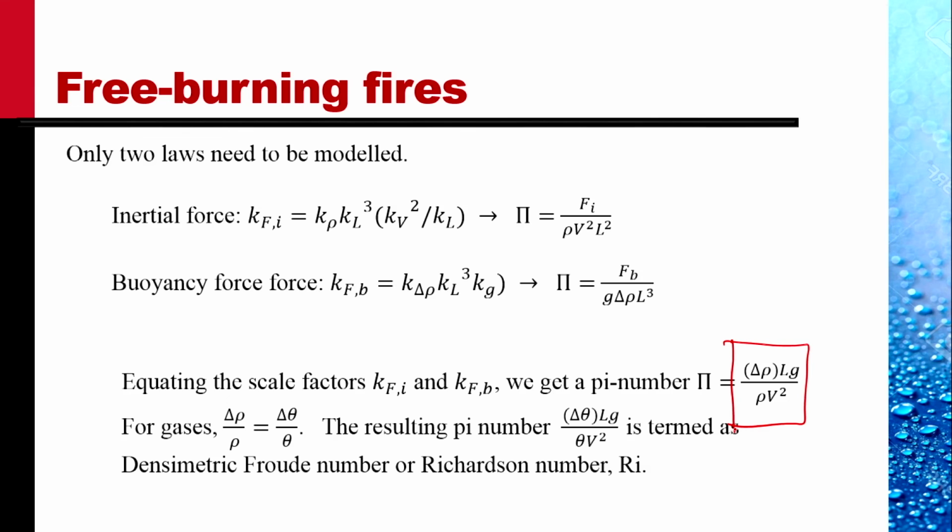For gases, Δρ by ρ is like Δθ by θ. And the resulting pi number is like a Froude number. It's called a densimetric Froude number, or even Richardson number, Ri in literature.